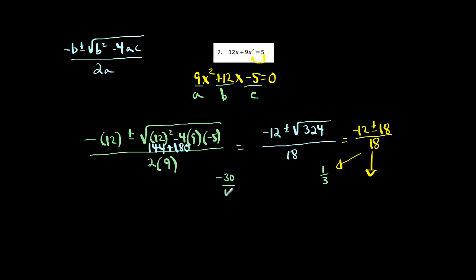You see that 6 goes into both of these. 6 goes into 30 5 times, and it goes into 18 3 times. So we have negative 5/3. So our solution set is negative 5/3 and 1/3.